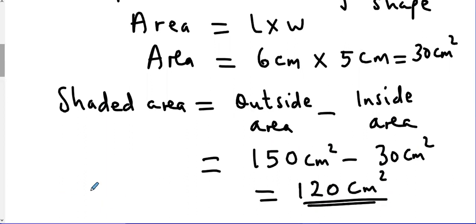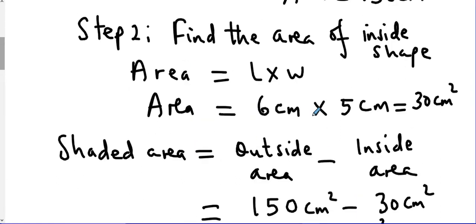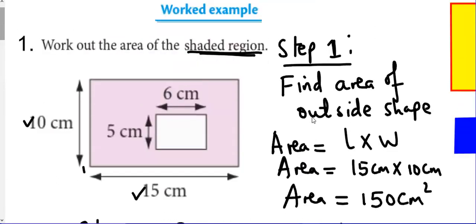This is the shaded region. So the shaded region, according to that question, equals 120 centimeters square. Okay, check if my calculations are correct. 150 minus 30 is 120.